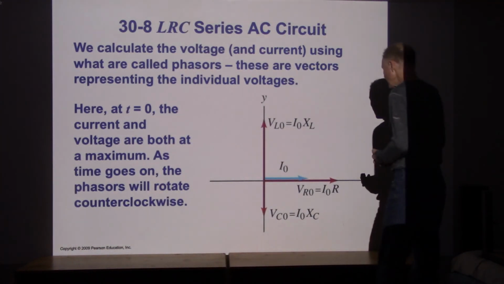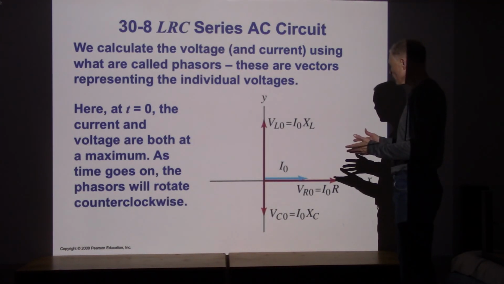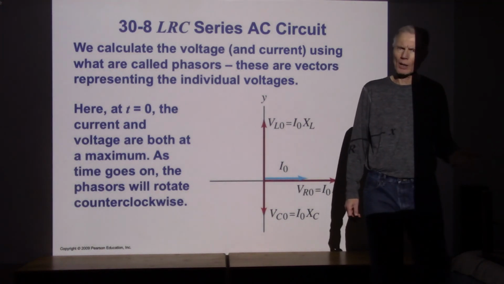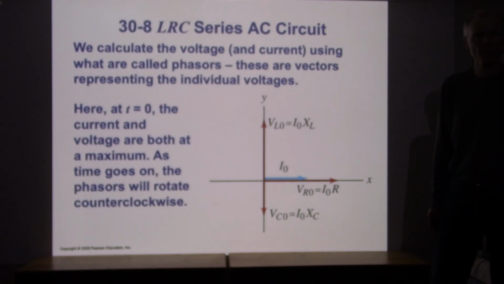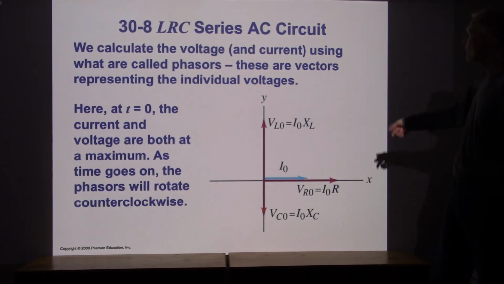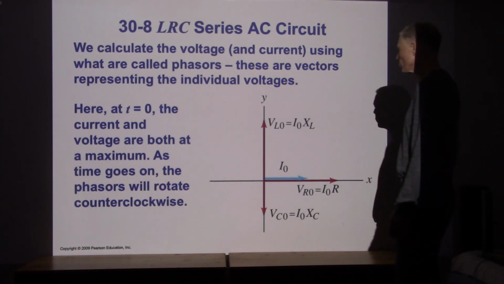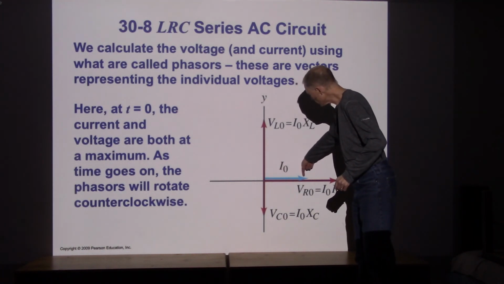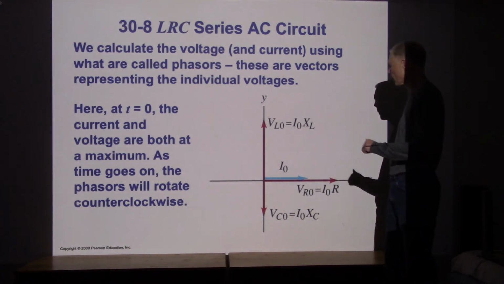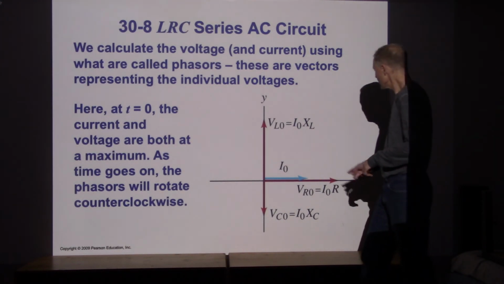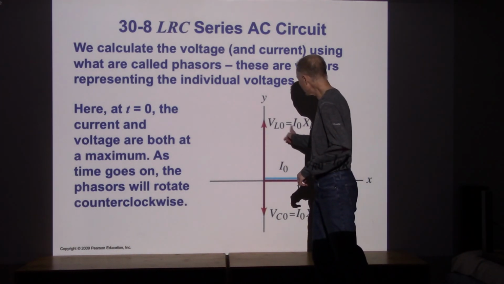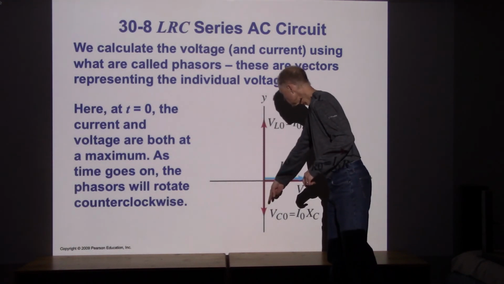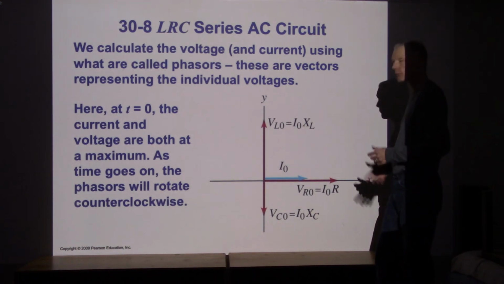So what we've got right now is this. If you remember, the current had been defined as a cosine function, a cosine of omega t. So on my phasor diagram, we represent a current as a vector with either its peak or its RMS value, either one. And then we imagine that phasor making circles at a frequency of omega.